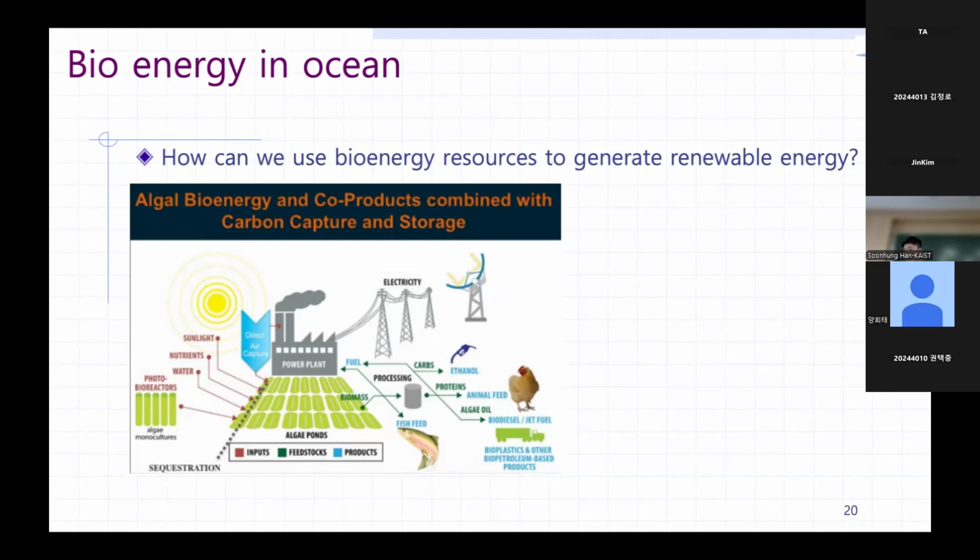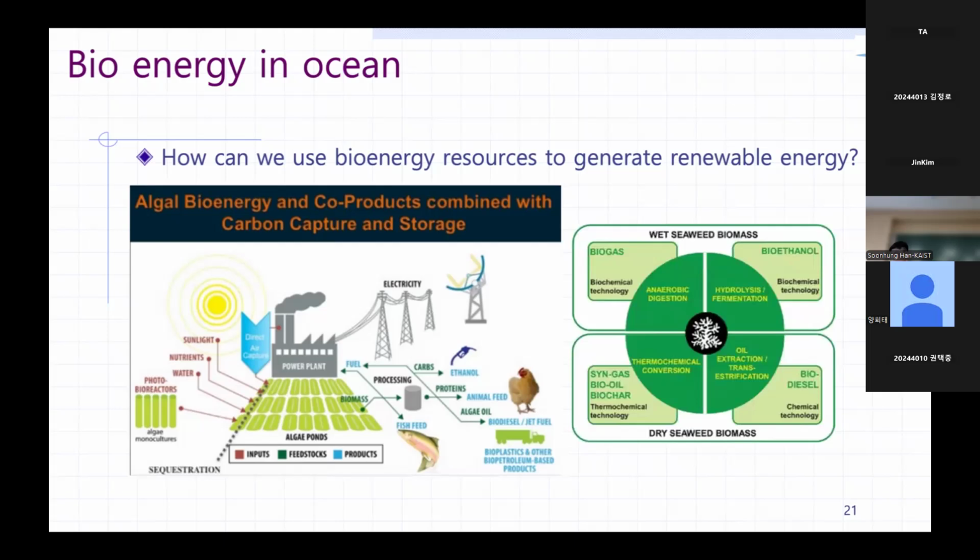What kind of fuel, what kind of things do we make from the bioresources? So we usually make biogas and also bioethanol, right? Maybe there are some cars or ships that use the bioethanol. And also we have biodiesel.